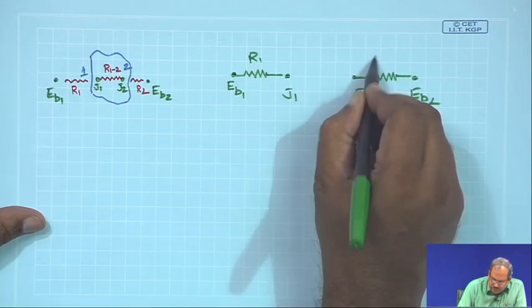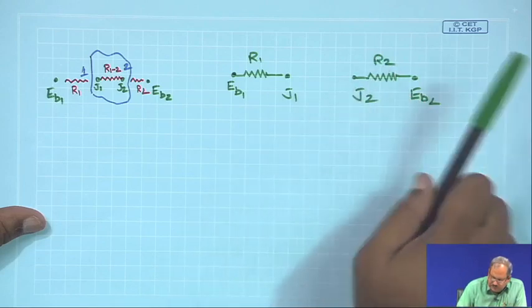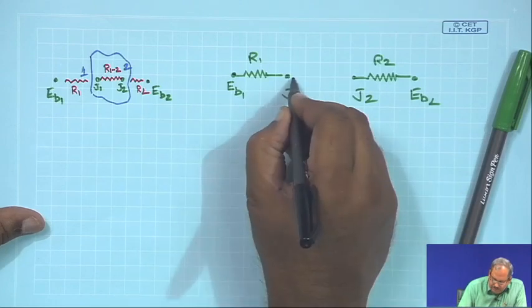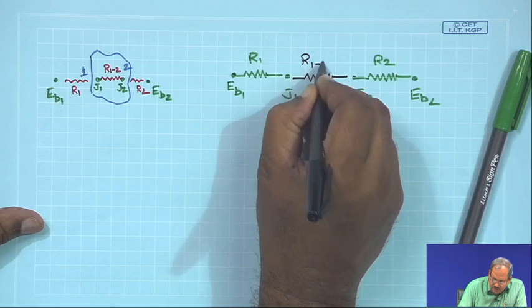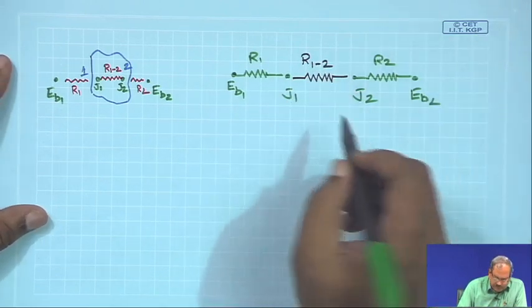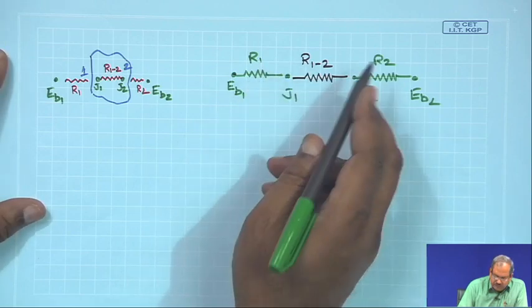This is R2, which is the surface resistance to radiation for surface 2, and in between I have R1 2, and we already know what R1 and R2 are.